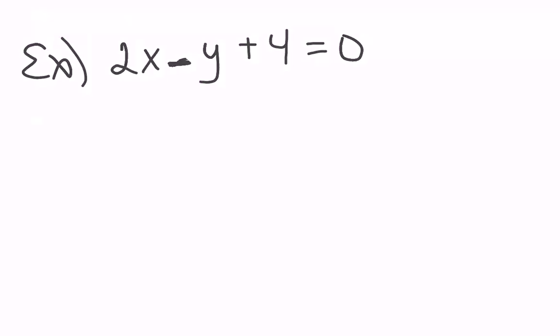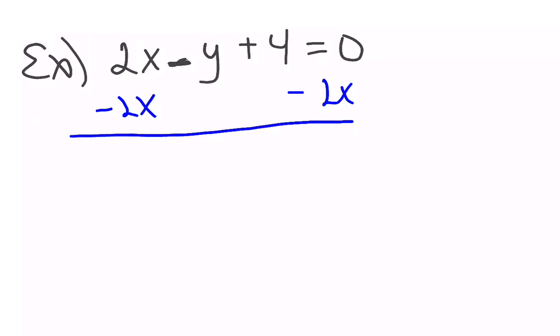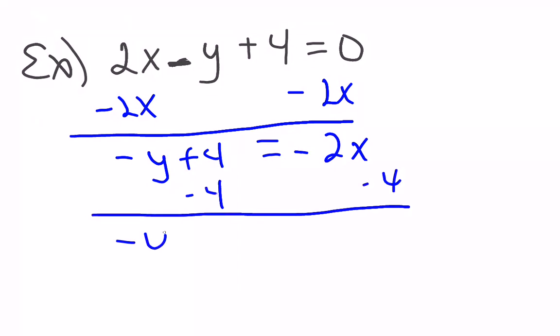We're going to subtract the 2x from both sides. And so we have negative y plus 4 equals negative 2x. We have to subtract the 4 from both sides. We have negative y equals negative 2x minus 4.